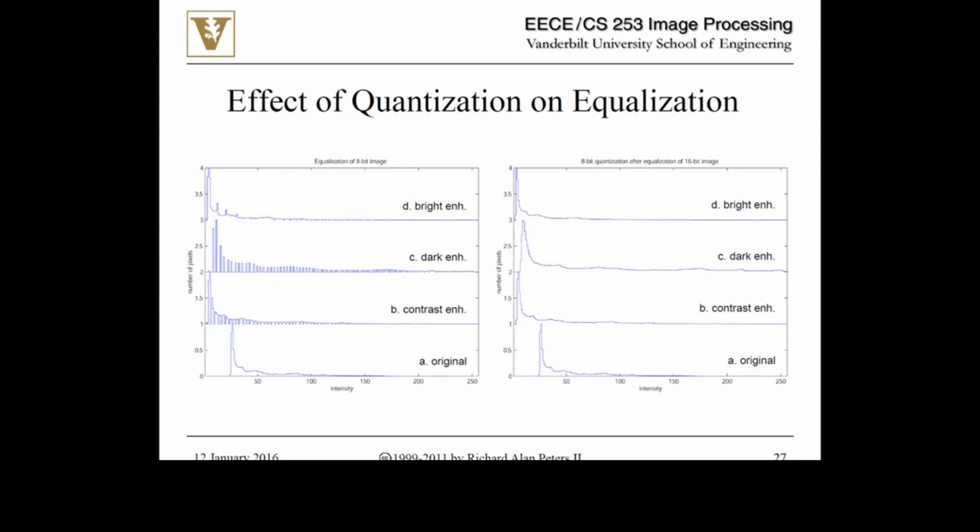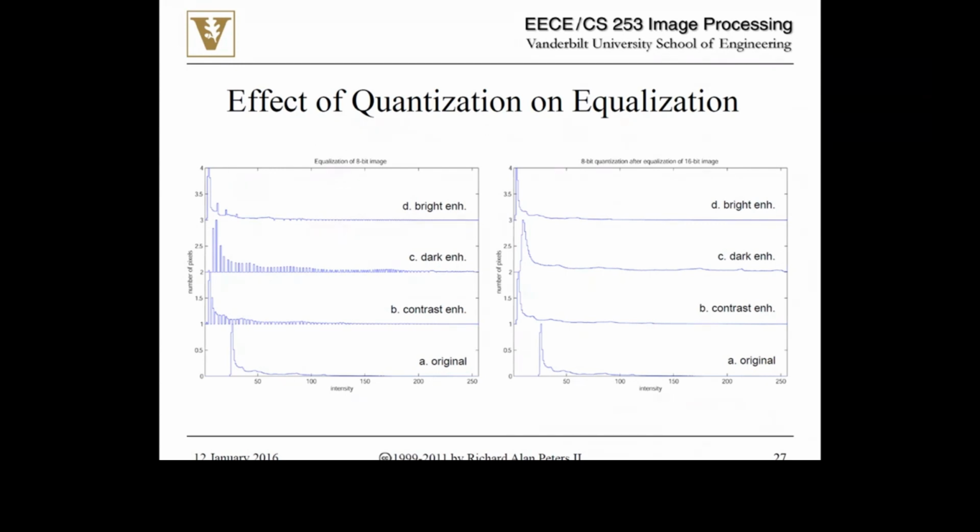What happens if we do the 16-bit equalization? You do the operations with 16 bits, and once you finish, you quantize again to 8 bits, and now you don't have the holes anymore.